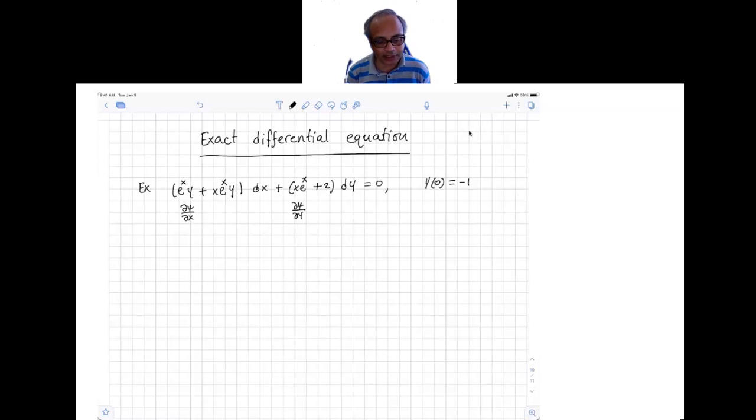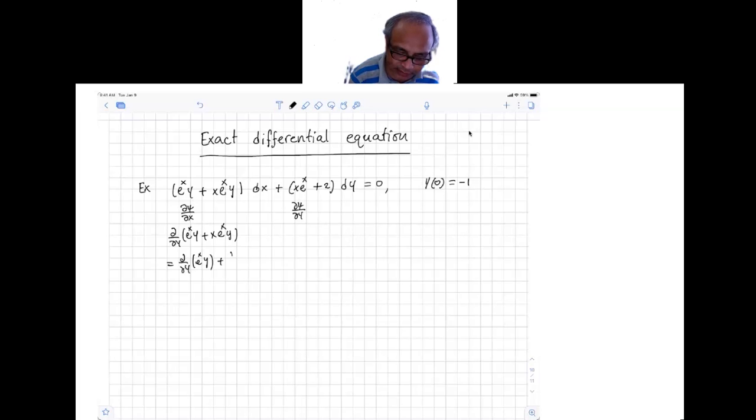So you calculate the mixed partial derivative. Differentiate with respect to y: e to the xy plus x e to the x times y, and calculate that. Remember, when you are differentiating that, you look at each individual term first to avoid mistakes.